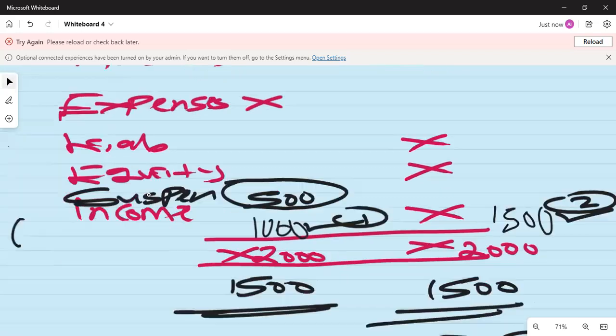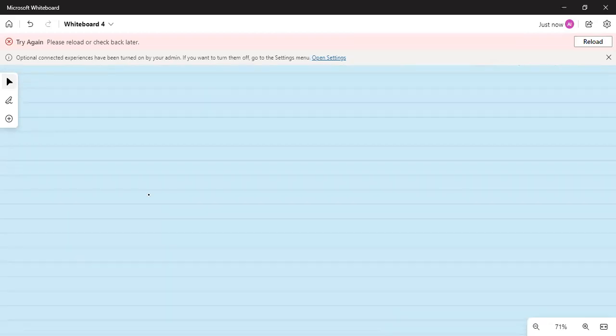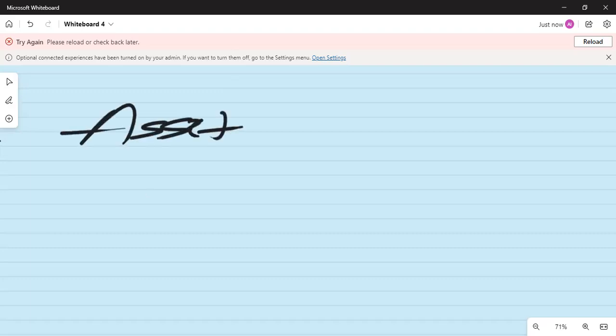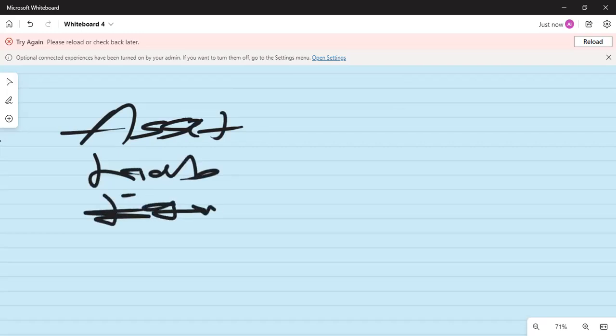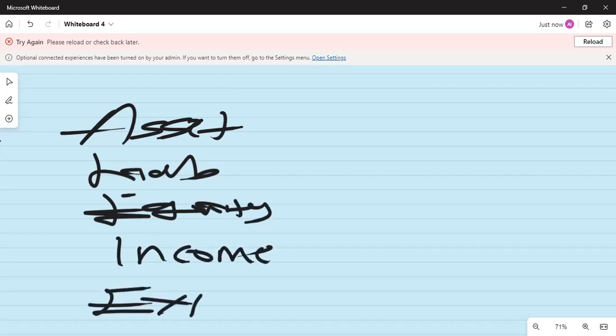So now, please don't forget this. You know this already, but I'm sorry to be saying it all the time. Don't be tired of it. This is asset. This is liability. This is equity. This is income. And this is also expenses. Because we need the increase and decrease.